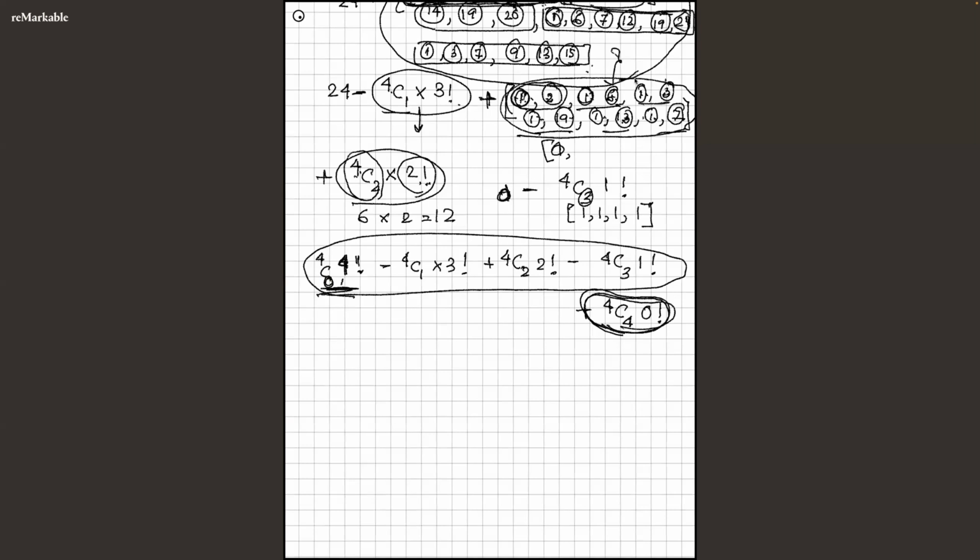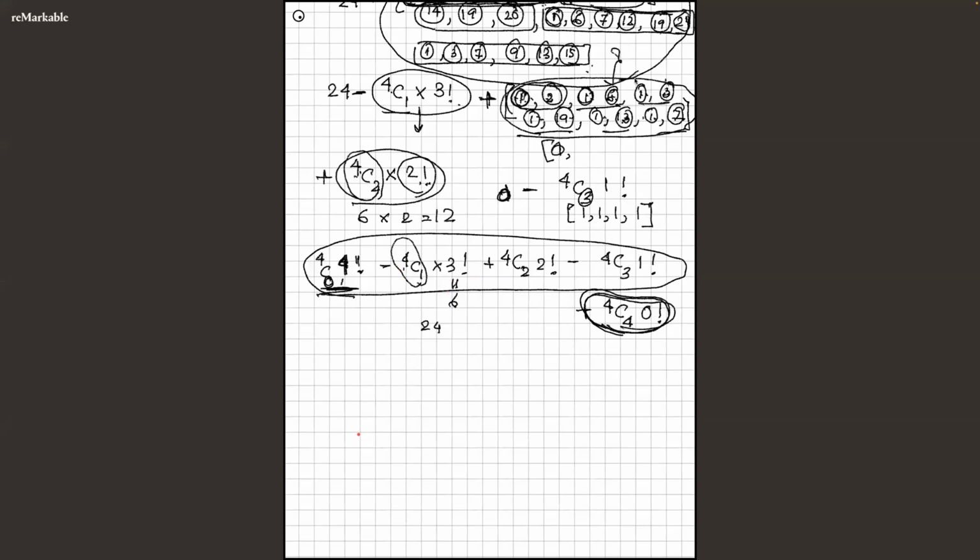So how many ways can I choose one house out of the 4? That is 4 choose 1. How many houses am I left with? 3. One house I have fixed in 4 ways, and the rest of the 3 houses can have their letters arranged among themselves in 3 factorial ways, which is 6. So we have 4 times 6, which is 24.